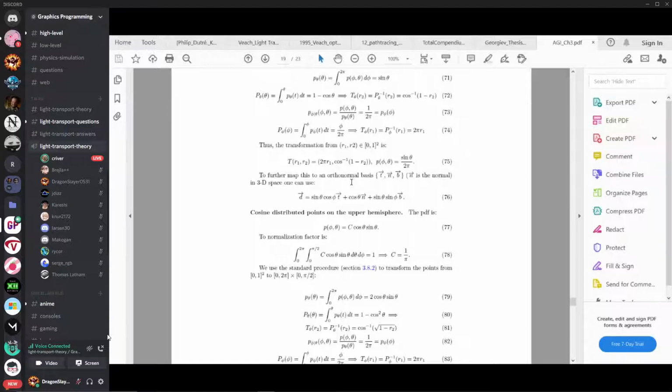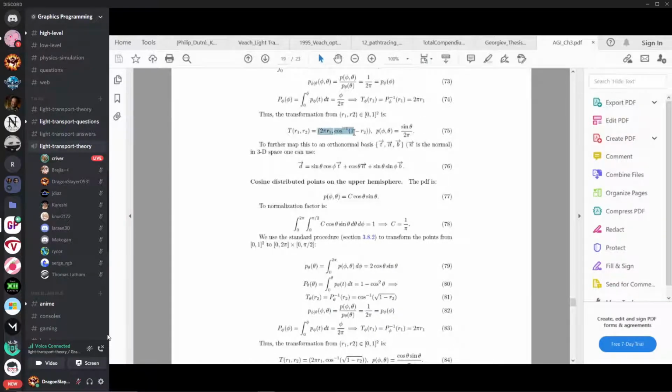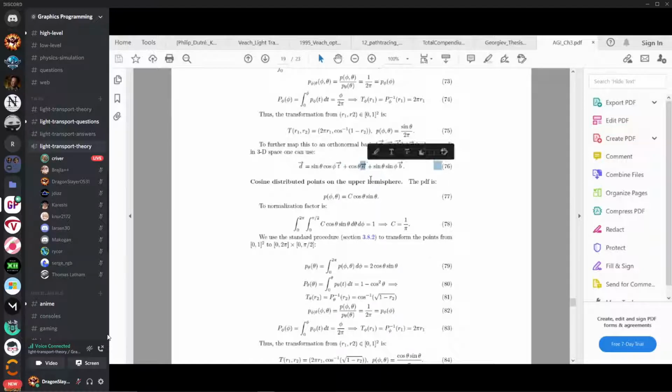Now, if you want to make a ray in your scene using that sort of direction, you take these angles that you computed, phi and theta, and you use spherical coordinates to construct the direction, if you have some orthonormal system based on your normal at the point that you're shading.